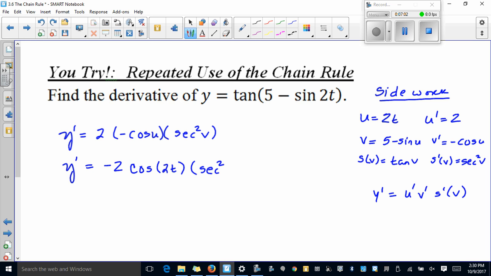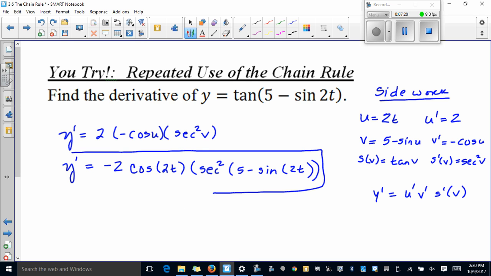The v is the 5 minus sine of u, but u is 2t. There is your derivative. Not pretty derivatives and not nice to play with either. Sometimes they are. Sometimes they are not nice to play with.